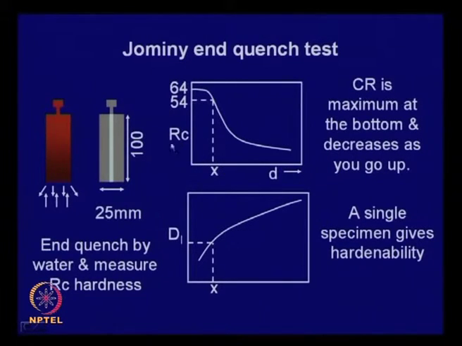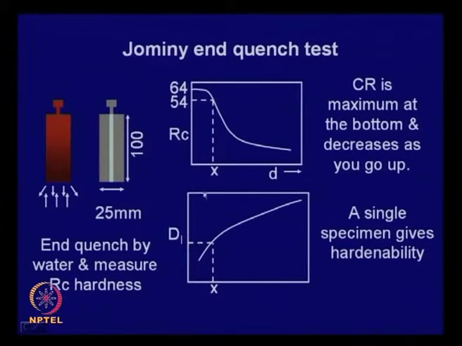In fact, this is a single specimen test, and it became so popular that people have worked out and found correlations for this Jominy hardness depth. This is the Jominy hardness depth x, and this can be converted into the ideal critical diameter.